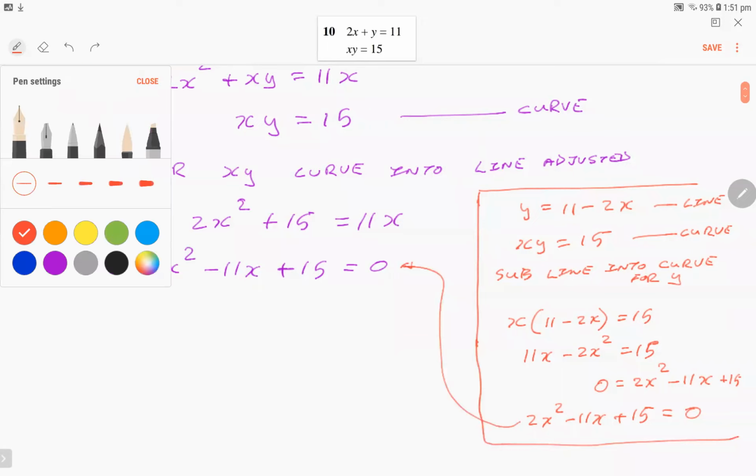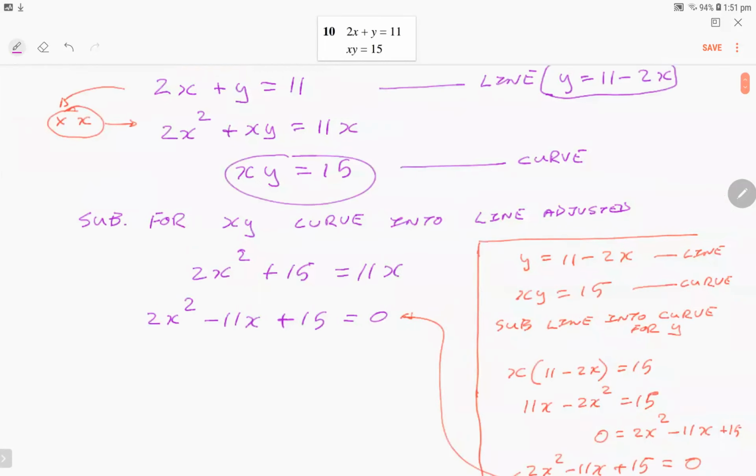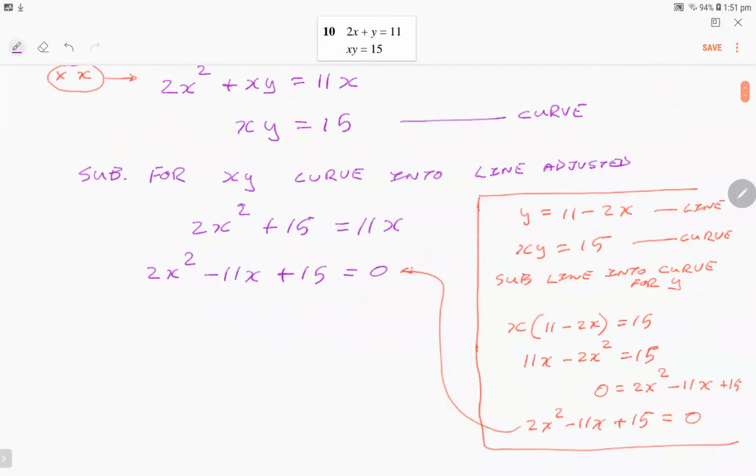So that's the skill I want to show you: with xy equations, we can multiply the line equation, or one of the equations, by x to get the xy, substitute for the xy, and eliminate the y that way. Now we want to factorize this, and since we're doing things another way, let us factorize it another way for practice.